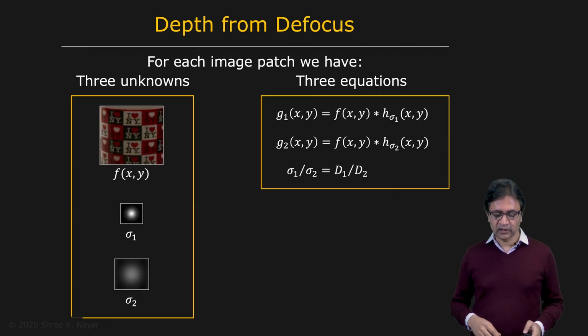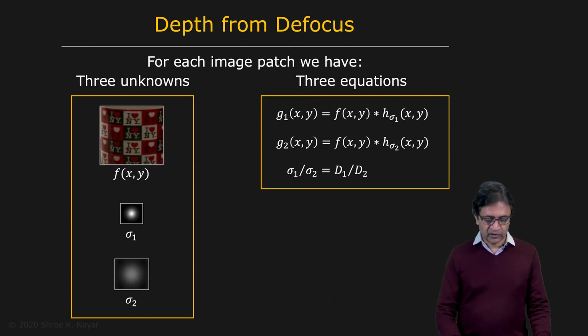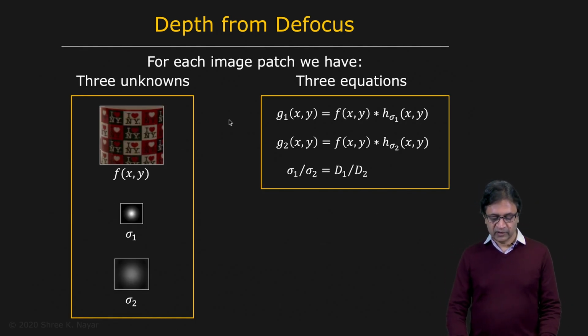So now let's take a look at whether we've made any progress. We are now looking at the case where we have taken two images. So what are our unknowns? We don't know the focused image. We don't know the first PSF and sigma 1, and we don't know sigma 2. But we have three equations now.